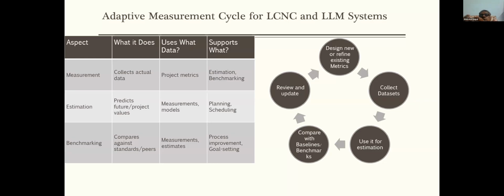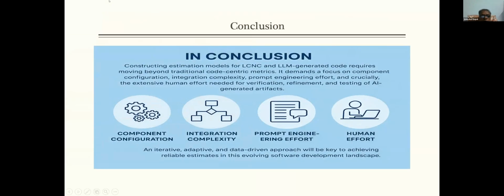The calibration will just work on historical data, so that will not change. What will change is the metrics, what we need to measure, and that will need to be adapted. It depends upon how fast they are adapting to automated code generation and automated configuration of applications. That's what I just wanted to convey.